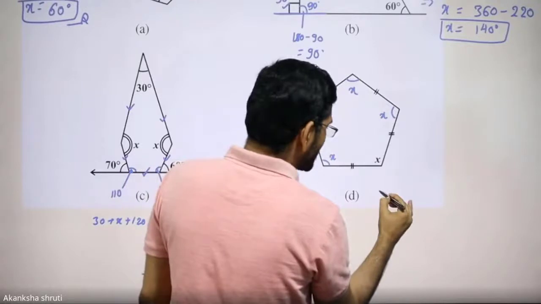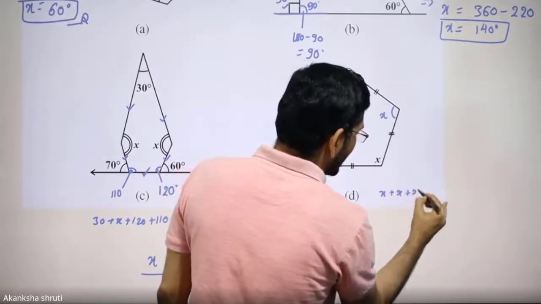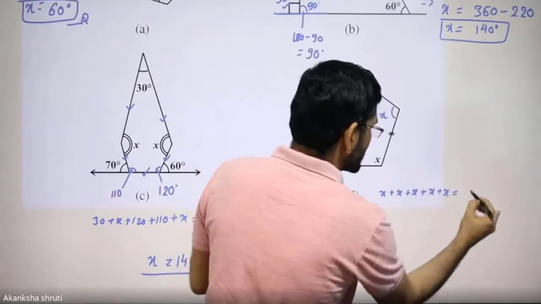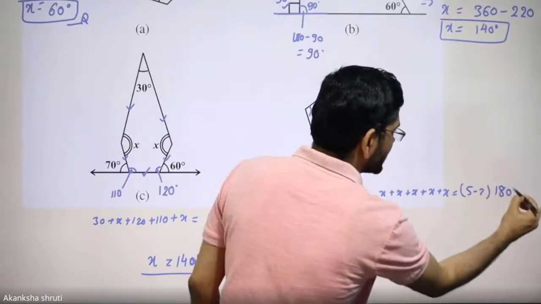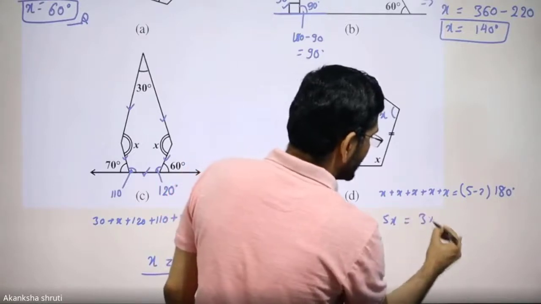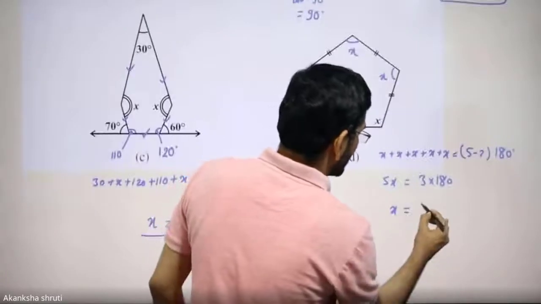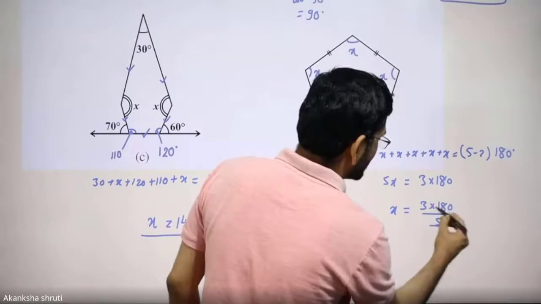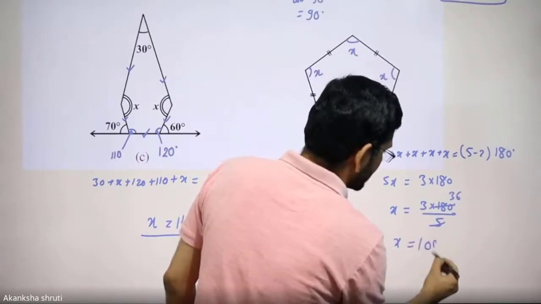So x plus x plus x, likewise we have to add 5 of x. So the sum of internal angles is (5 minus 2) into 180 degrees. So 5x equals 3 into 180 degrees. So x, as we also calculated earlier, is 180 by 5, which is 36. So x obtained is 108 degrees.